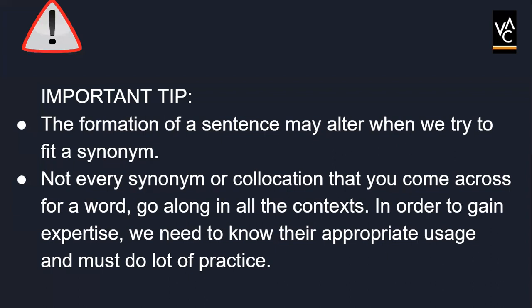And you even know that this is the higher band vocabulary. But at times, we don't know how to put that particular word in the context we are talking about. So you need to do a lot of practice before you can finally judge which word will go for what context, because many words have different contexts even if they are synonymous.